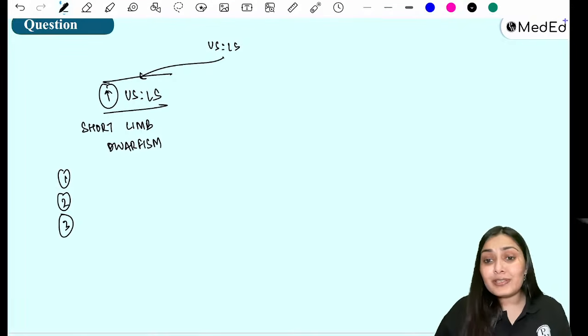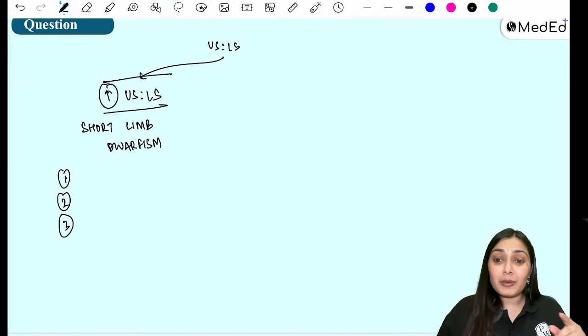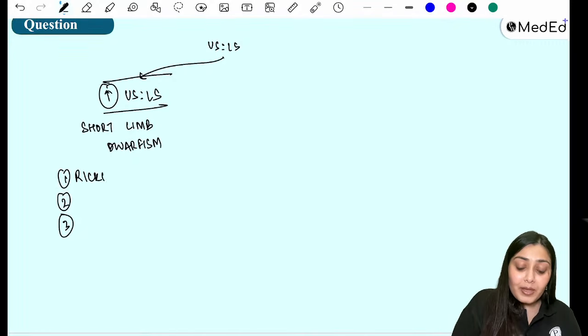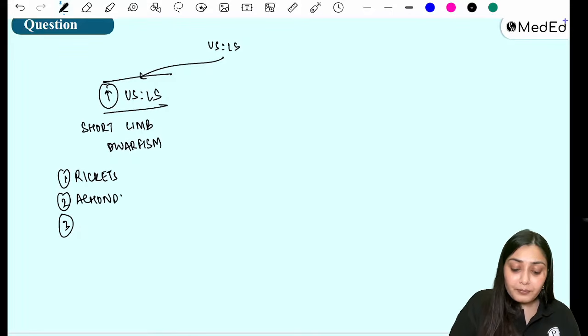If I wake you up in the sleep, you should also be able to recall these 3 causes, right? What are these 3 causes? First is rickets. Second is achondroplasia. And third is congenital hypothyroidism.